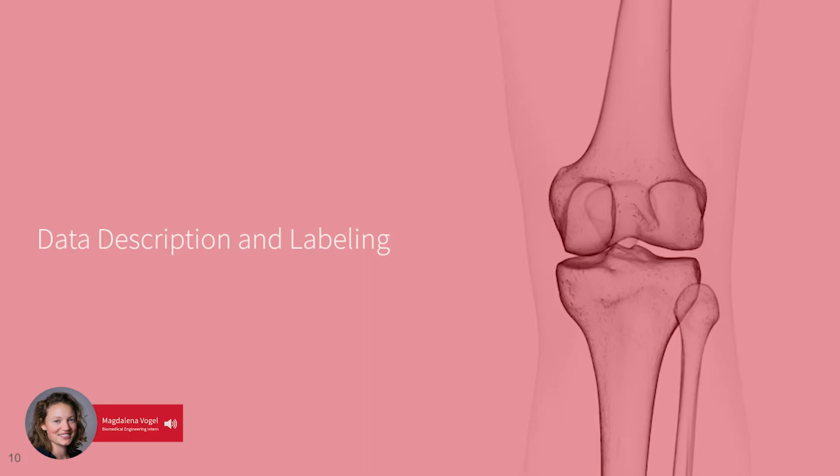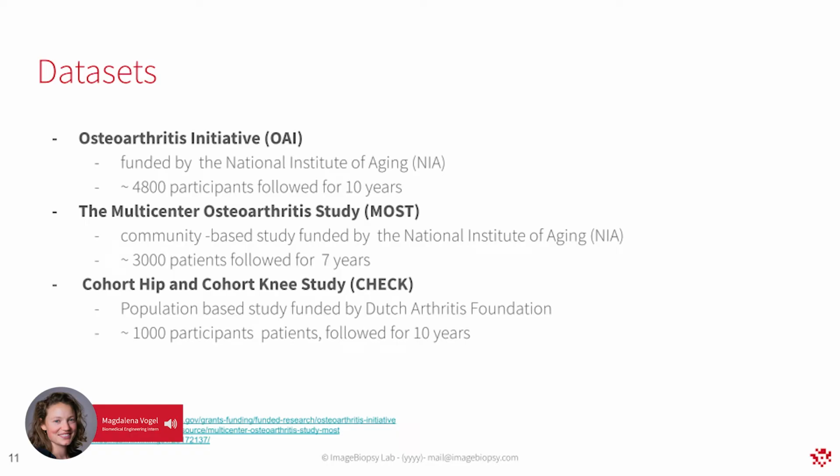The data I used to train my models, I took from the datasets of OAI, MOST, and CHECK. The patients from OAI and CHECK were followed over 10 years, and from MOST over 7 years. Each patient was visited in an interval of 1, 2, or 3 years.